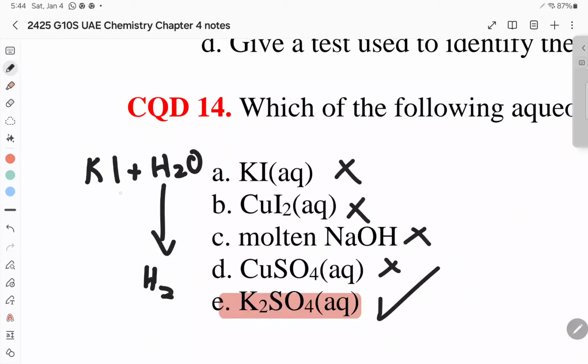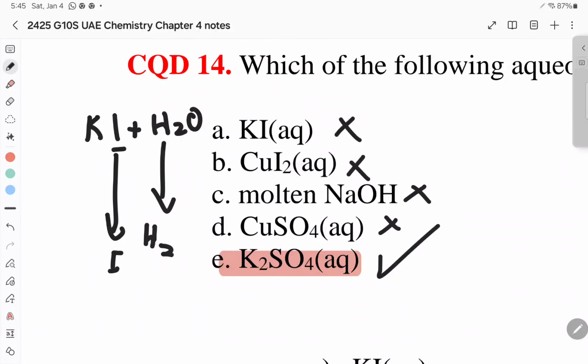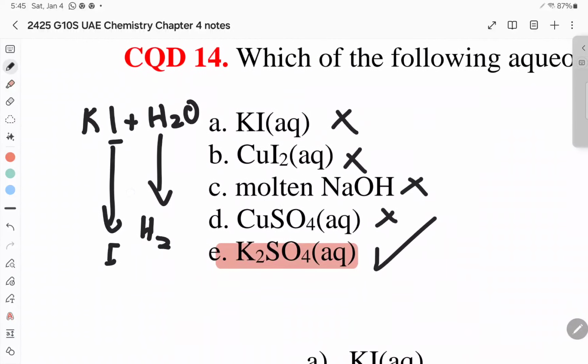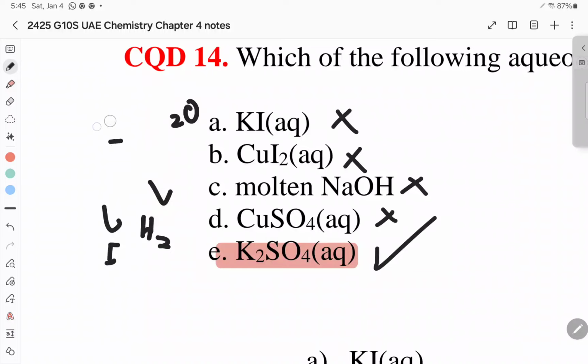And between the I and the OH, because there's two H's and one O, so it's H plus and OH minus. Between the I and the OH minus, the I has a higher tendency of getting oxidized, so the I is going to move on to form iodine. So here you have H2, but you don't have O2 as a result.